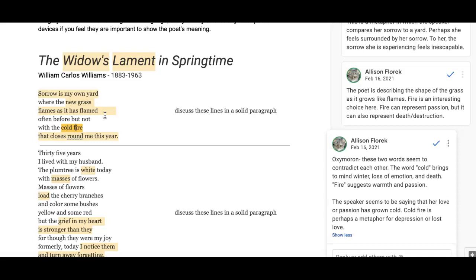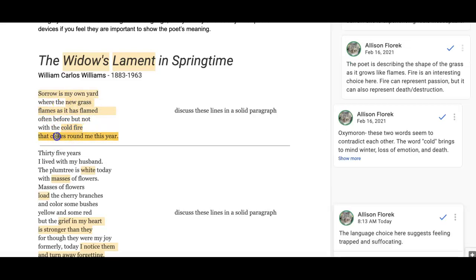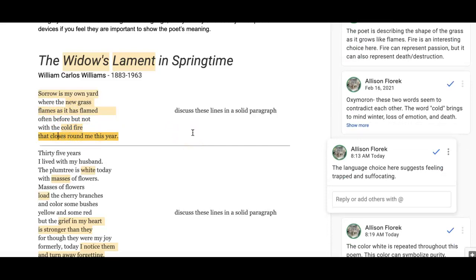So again, if you're talking about how flames maybe represent passion, the fact that it's now described as cold fire could represent a loss of passion or a loss of love. And then this imagery here is interesting because she says the cold fire that closes around me this year. And this line itself seems to suggest this feeling of being trapped or suffocated.